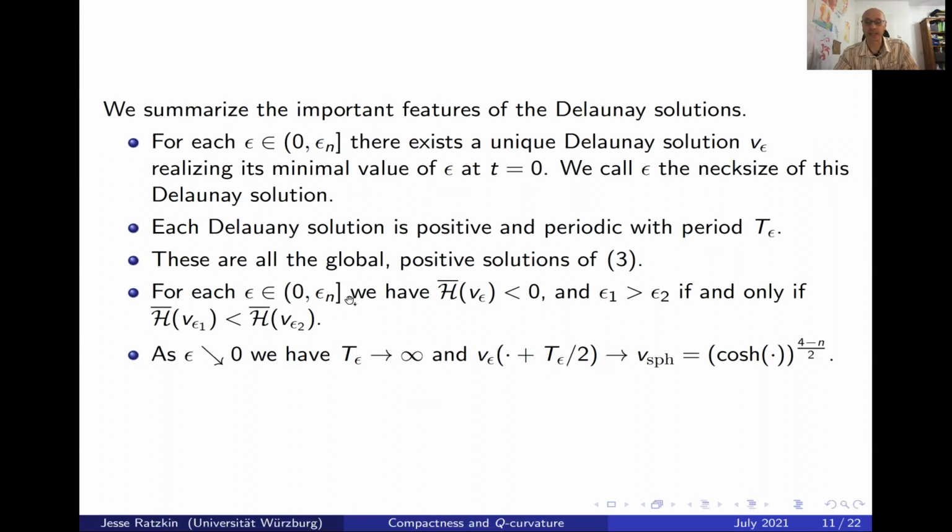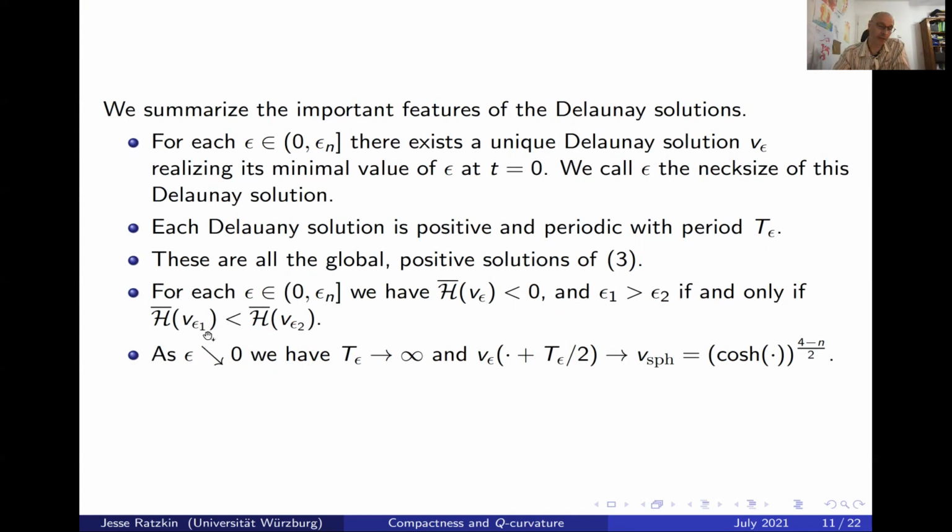These Delaunay solutions are indexed by the Hamiltonian energy. For each epsilon between 0 and epsilon_n, this Hamiltonian energy is strictly negative. And epsilon 1 is greater than epsilon 2 if and only if the Hamiltonian energy of V epsilon 1 is less than the Hamiltonian energy of V epsilon 2.